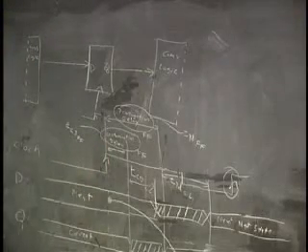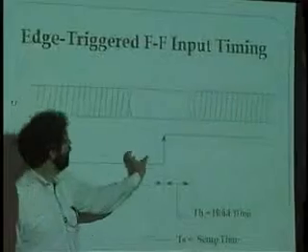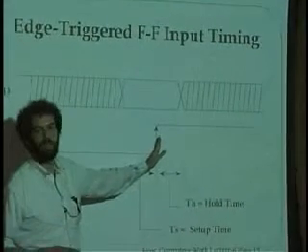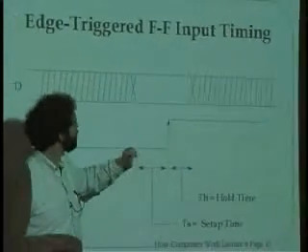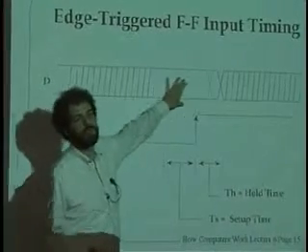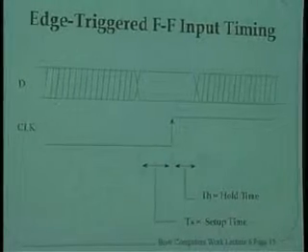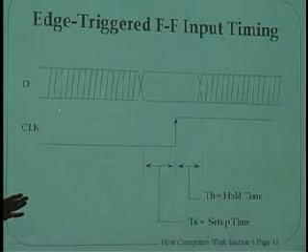Well, it turns out that in designing these things, there is a technique that we use and a set of specifications around the clock edge of these flip-flops, of these registers, with a time of quiescence, a time when the D input, the data input, is supposed to stay stable. And that is called the setup time and the hold time.